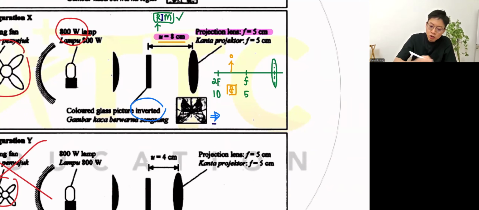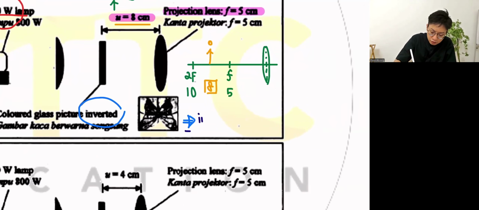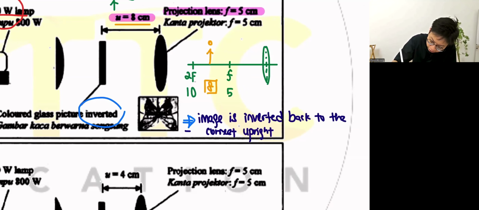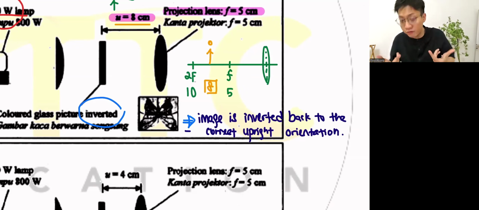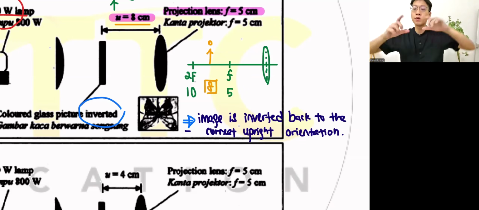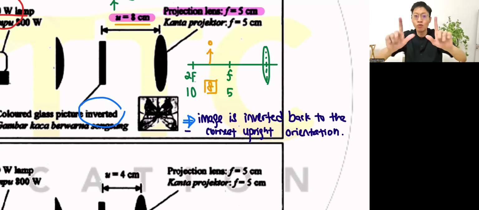You say, so that the image is inverted back to the correct upright orientation. We are trying to say that the image will be inverted, but it will invert from upside down back to the correct upright orientation.